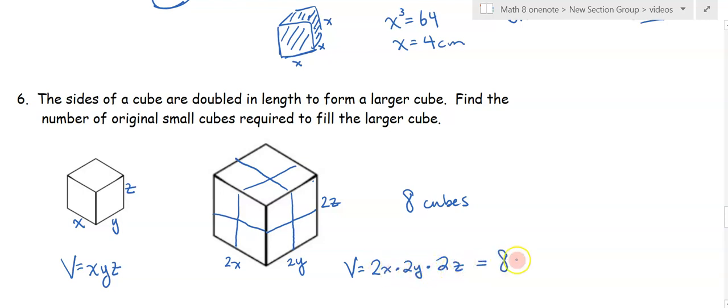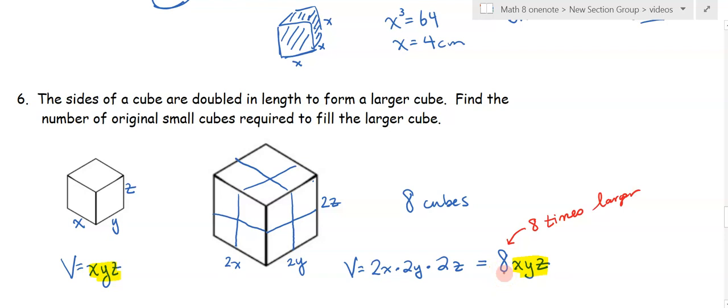So we can see that this volume is xyz, and this volume is just 8 times x times y times z. Therefore, by doubling 3 dimensions, it's actually 8 times larger, or 2 to the power of 3 times larger.